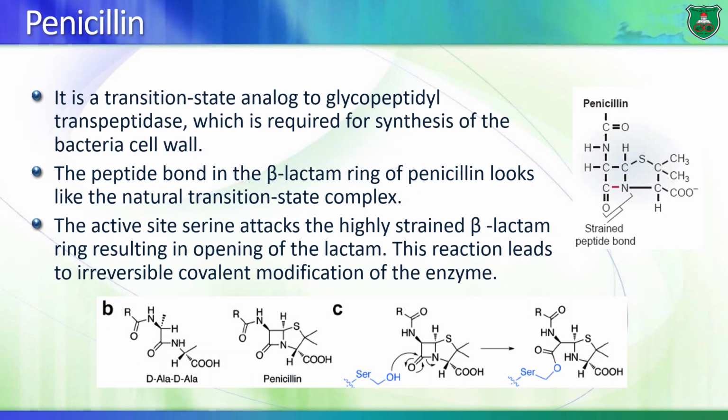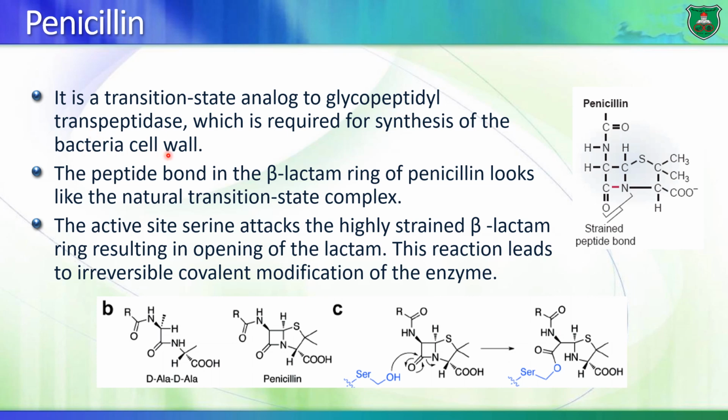Penicillin, the famous antibiotic, is also a transition state analog. So it looks like the natural substrate. Now, what penicillin does is that it binds to an enzyme known as glycopeptidyl transpeptidase. What this enzyme does is that it synthesizes the bacterial cell wall.